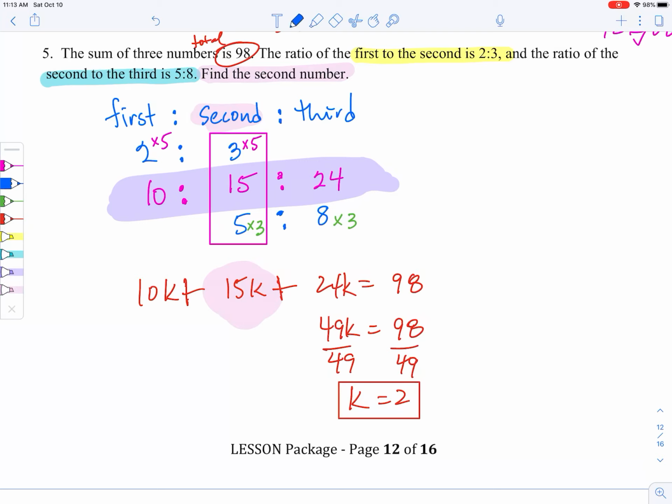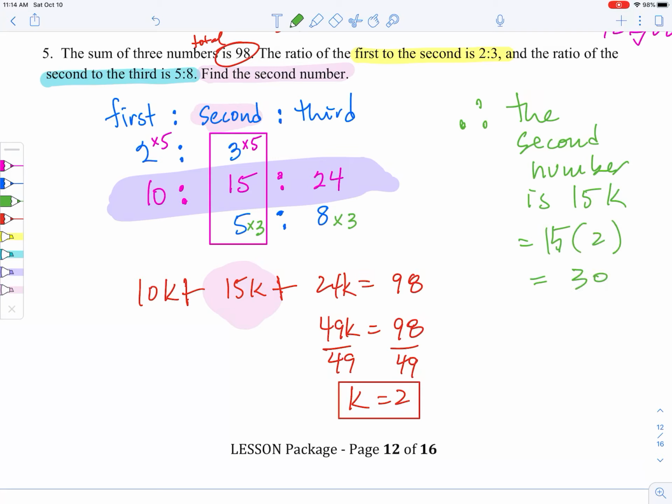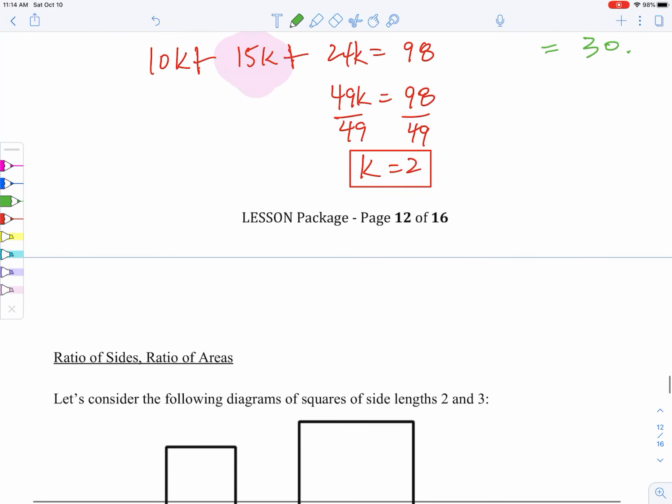The second number was 15K. So therefore, the second number is 15K, which is 15 times 2, which is 30. And that'd be our answer.